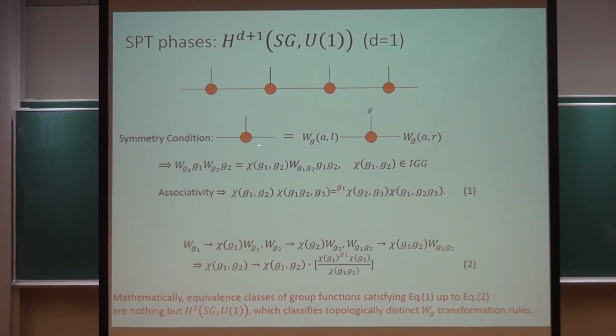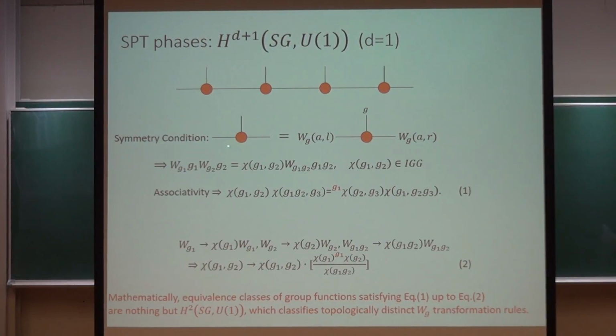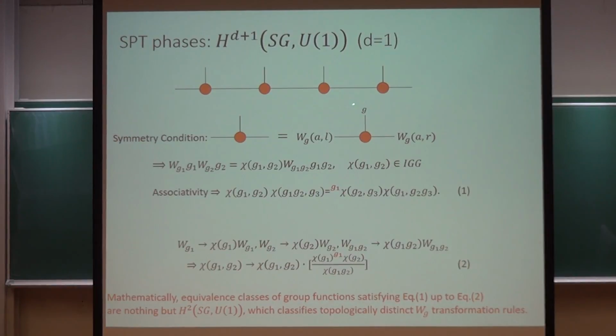If I don't have this transformation rule, the tensor can be any arbitrary state in that Hilbert space. But if I know this W, it has to live in a subspace. And then this subspace will give you a generic construction for this.